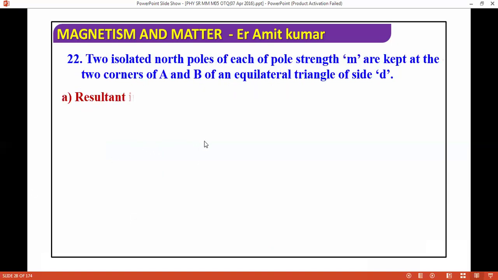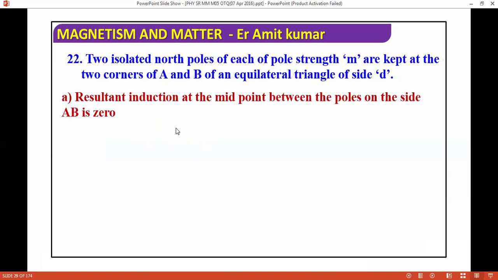Next question, we have two isolated north poles, each of pole strength m, kept at two corners A and B of an equilateral triangle of side d.